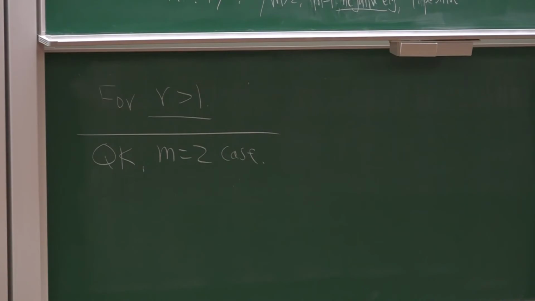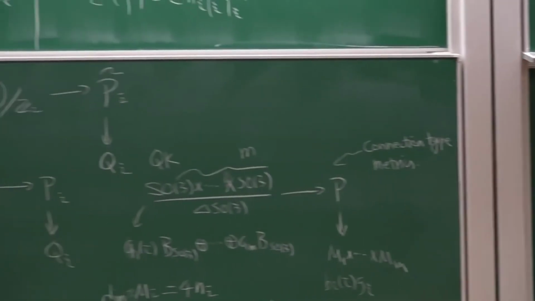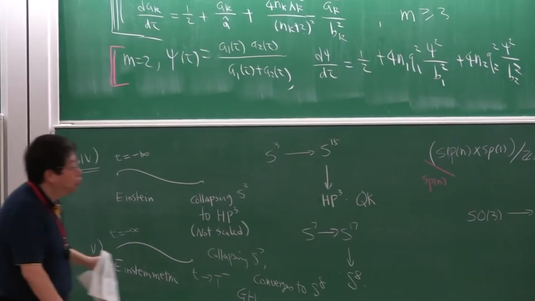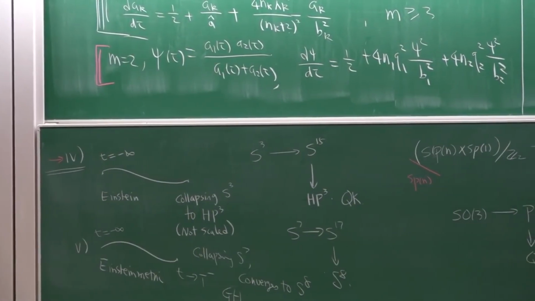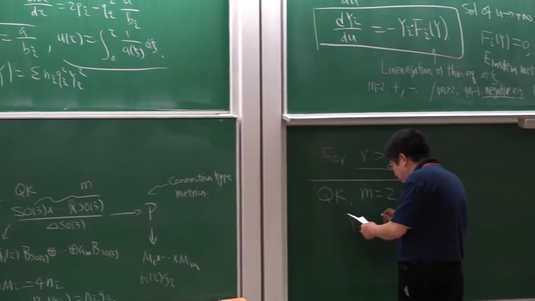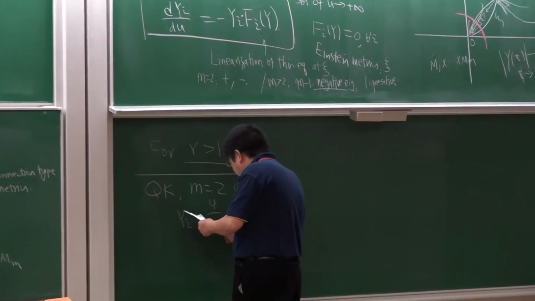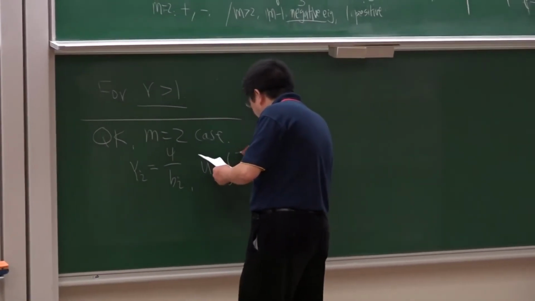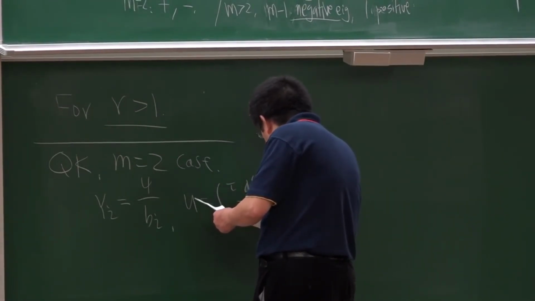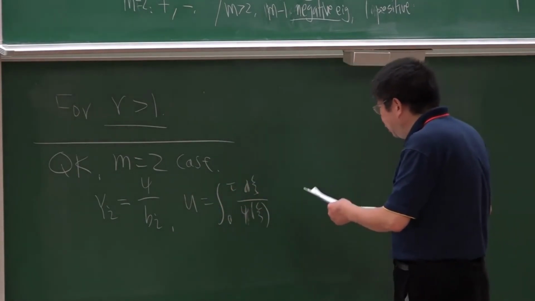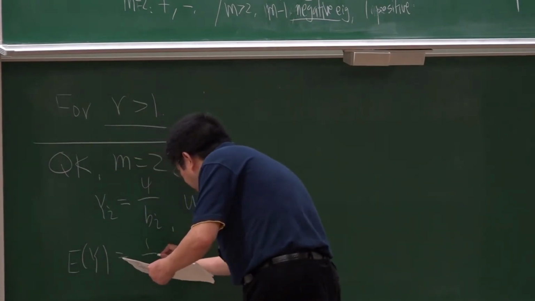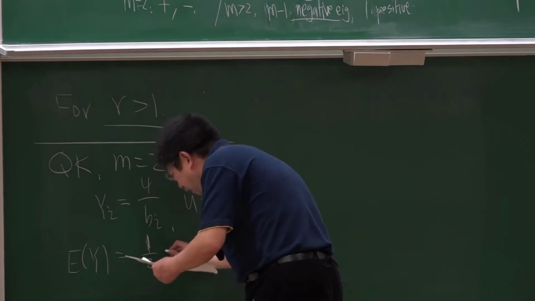For m bigger than or equal to 3, for the top case, in a special situation, we also can say something. We can say quite a bit about the m equal to 2 case. Let me say what we did. Again, you use this change of variables. Then you let EY. So this is the difference.